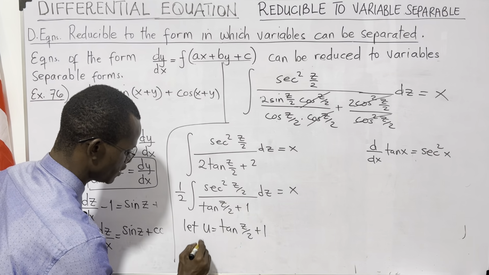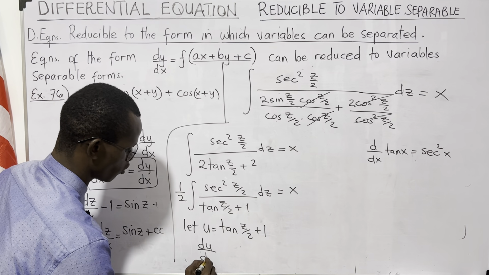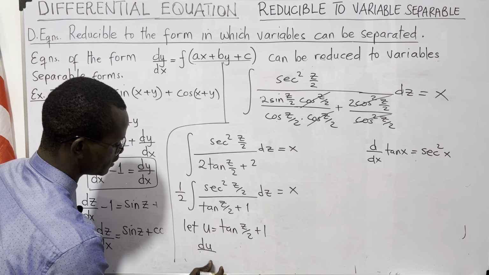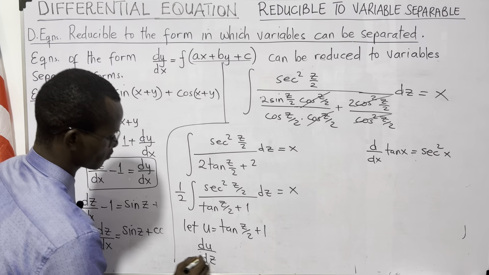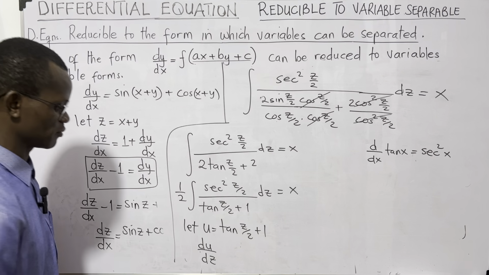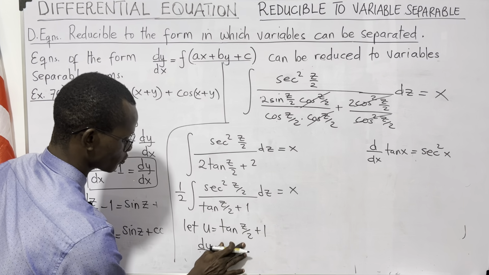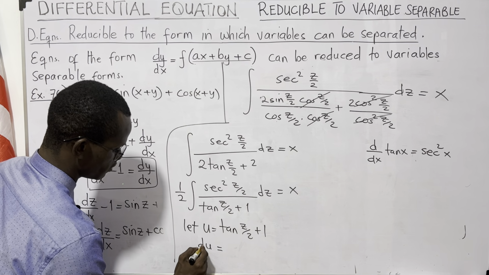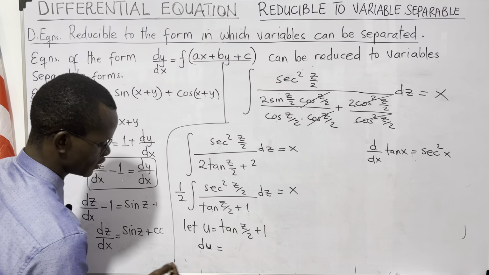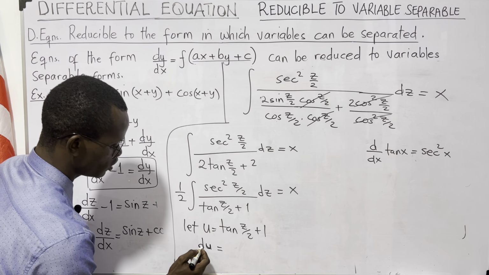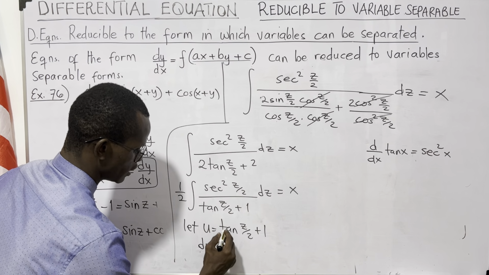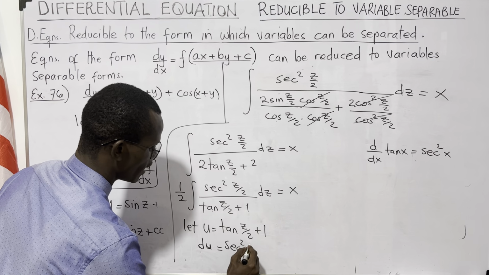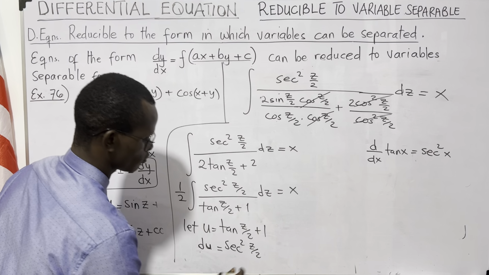We differentiate du by dz, because it is z here now. So we send the dz on that side, so we don't have to write the dz down here. So du now is equal to secant square z over 2.